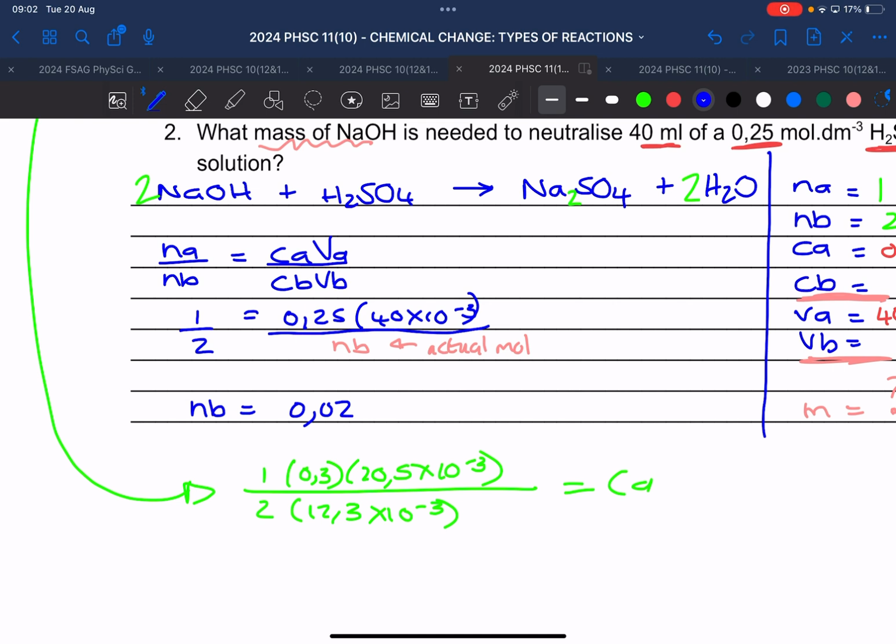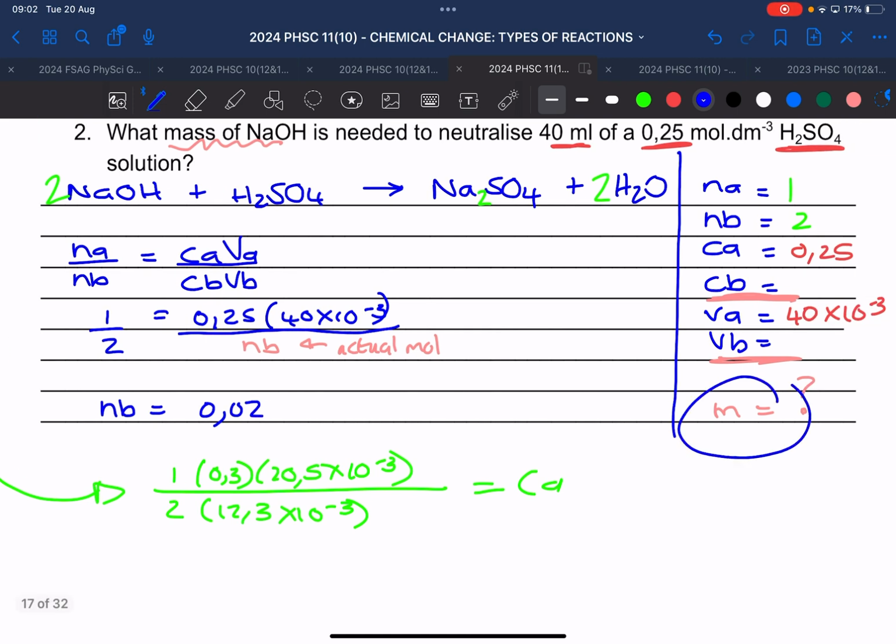Now that is the mole of the base. But what was the question? What is the mass? Is there a way that we can go from mole to mass? Yes, the formula that we have: mole is mass over molar mass. The mole is 0.02. We want the mass. The molar mass of sodium hydroxide is 23 plus 16 plus 1.